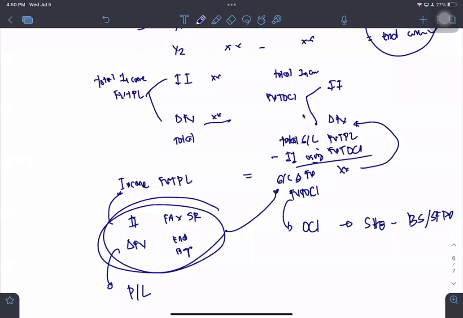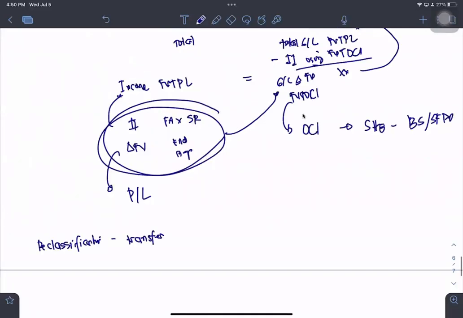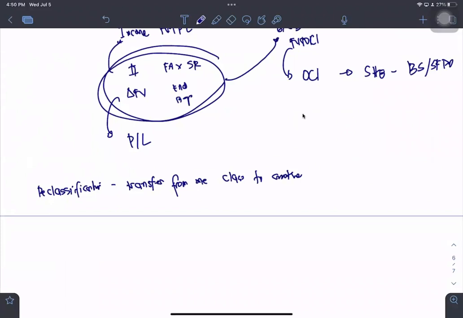Now, let's talk about your reclassification. So for reclassification, this is the transfer from one classification to another. So what are our classifications? We have your amortized cost and then your fair value.